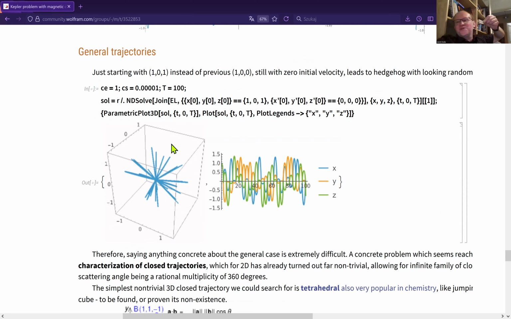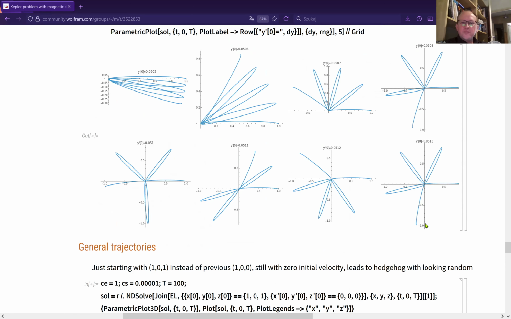We just go to the center, and then the Lorentz force bends the trajectory, and you get some practically random angle in XYZ. The question is, could we understand this behavior? It's quite difficult. The simplest question we could ask here: what closed trajectories could we get, especially for this orbit quantization?